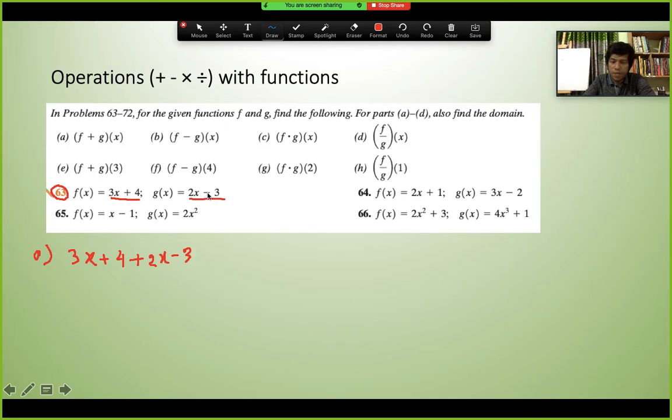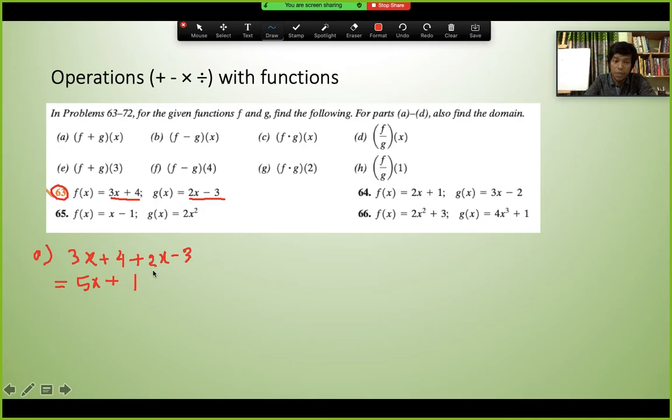Now if we add 3x and 2x, the total is 5x, plus 4 minus 3, which is 1. So this is the answer of the first part.